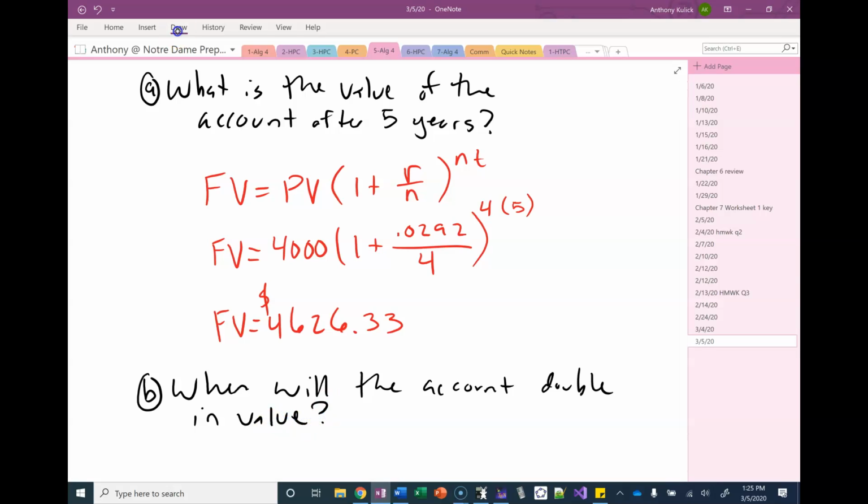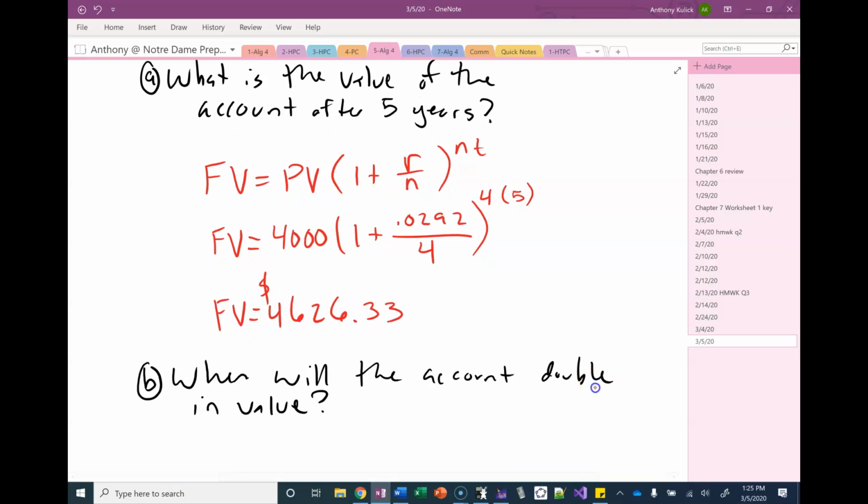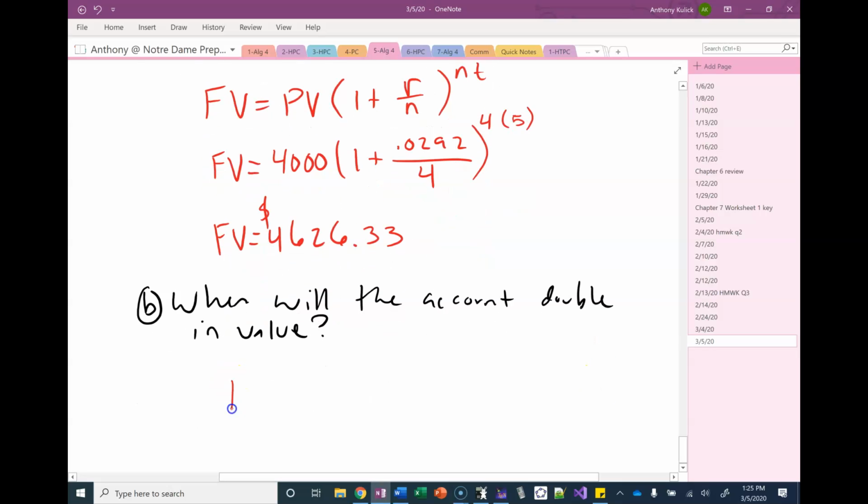So our next part here says, when will that bank account double in value? What letter are we trying to solve for here? t, because it's asking a when question. Okay, so we're going to solve for t.